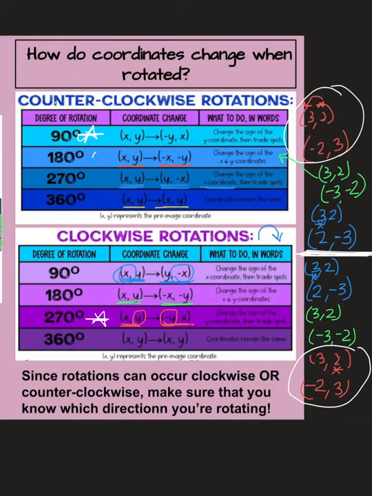A 180 degrees, you can see right here, 180 degrees, the green ones, counterclockwise is the same as a 180 degrees clockwise. And then I also have counterclockwise 270 right here is the same coordinates as the clockwise 90.